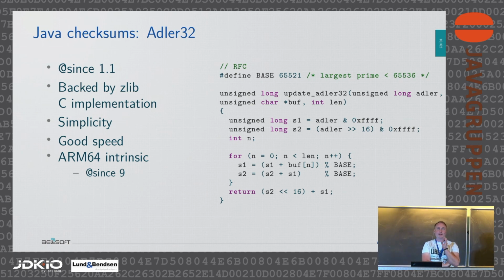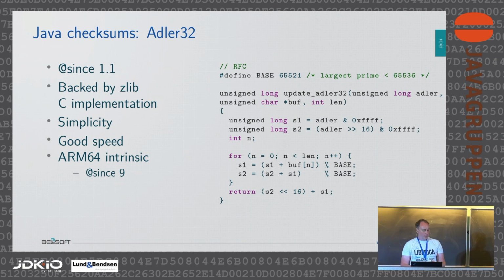Java has it from the very beginning, and if you look into the class, you won't see any Java code like this from the right part of the slide. You will see just native methods, and the implementation will go to the zlib library compiled on your platform. So that will be some optimized C code.